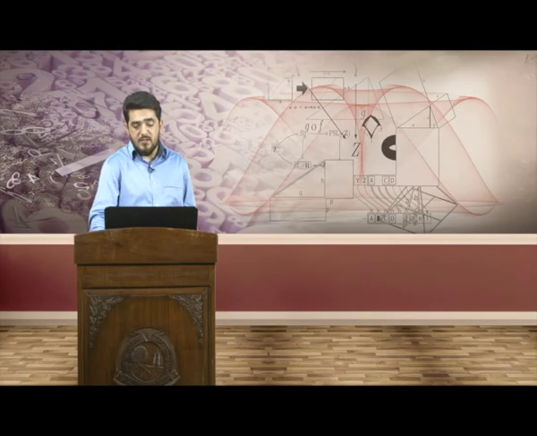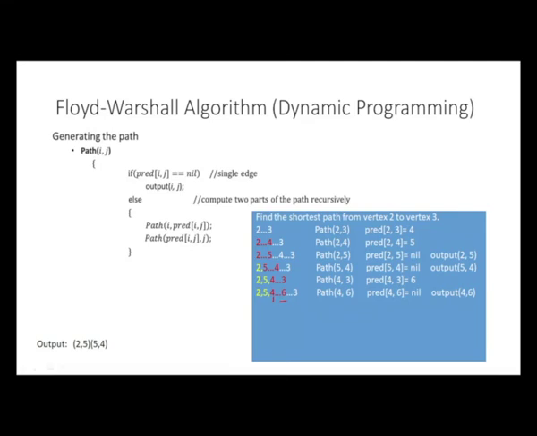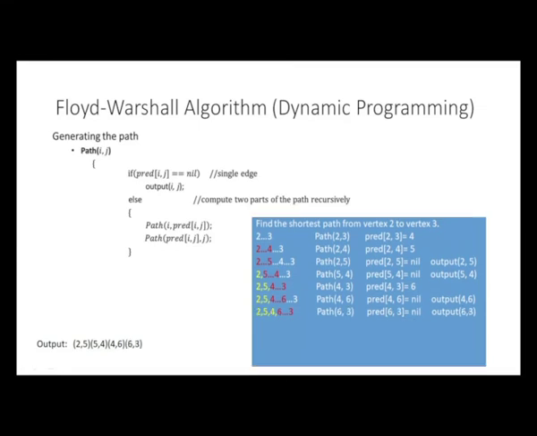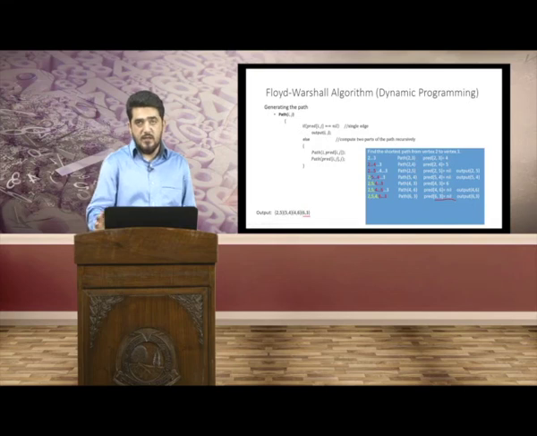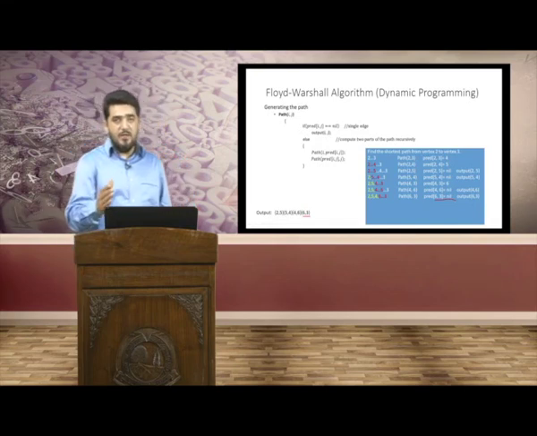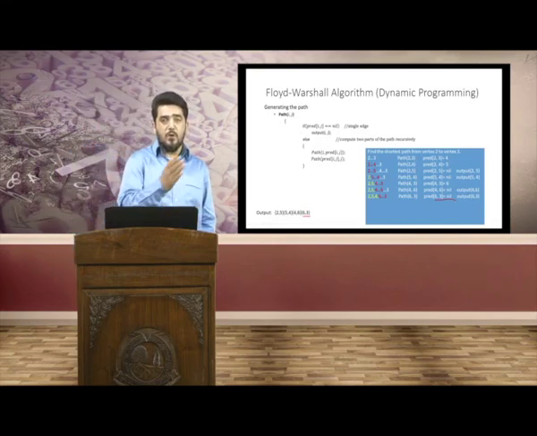Let's suppose the predecessor is 6, so we'll have to find the path from 4 to 6. Let's suppose that the predecessor is nil, so we'll output 4 and 6. And finally between 6 and 3, let's suppose the predecessor is also nil, so the output will be 6 and 3. This is the final path which was found to be shortest by Floyd-Warshall's algorithm.